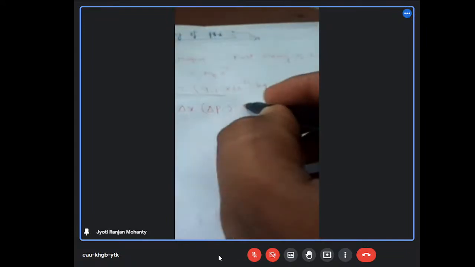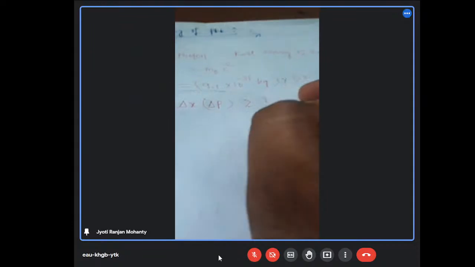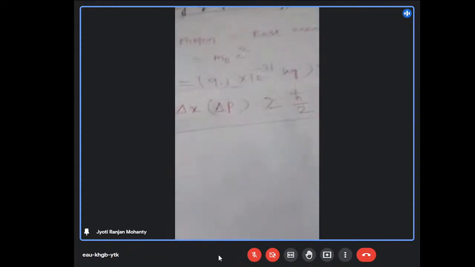So next, you write that means del x into del p, x for position, p for momentum, is greater than or equal to h cross by 2. So this is the mathematical statement of Heisenberg.